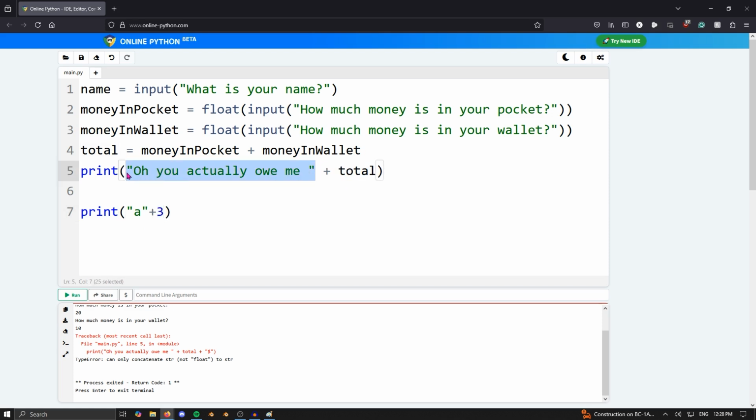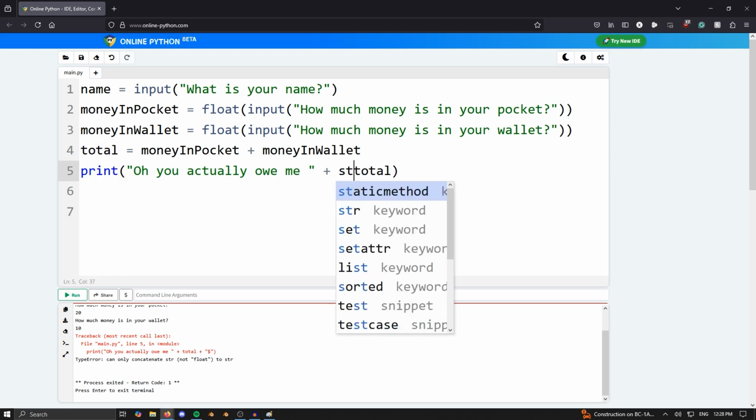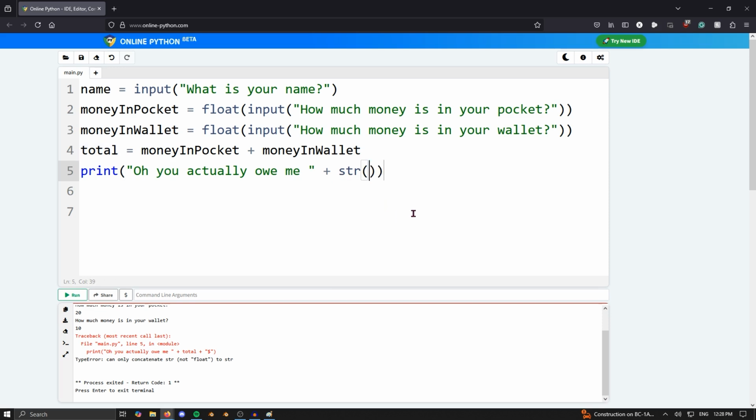Does it even make sense to ask, how would I say this as a number? No, that doesn't make sense. So I can only convert this into a sentence. And the way you do that is by saying str. So put the total inside of that str. str stands for string, which is a sentence.